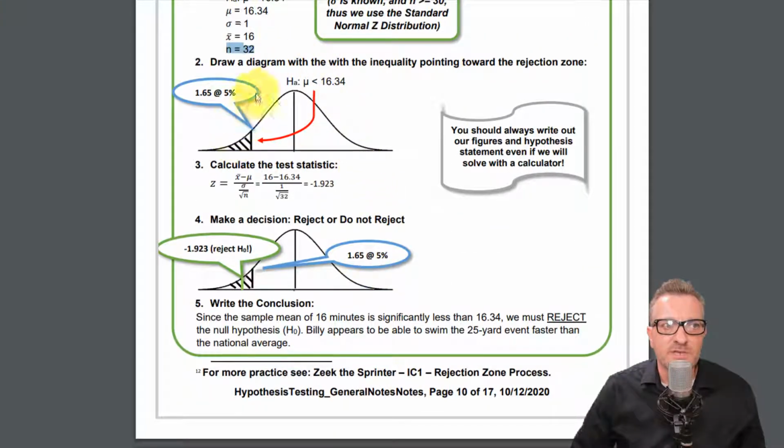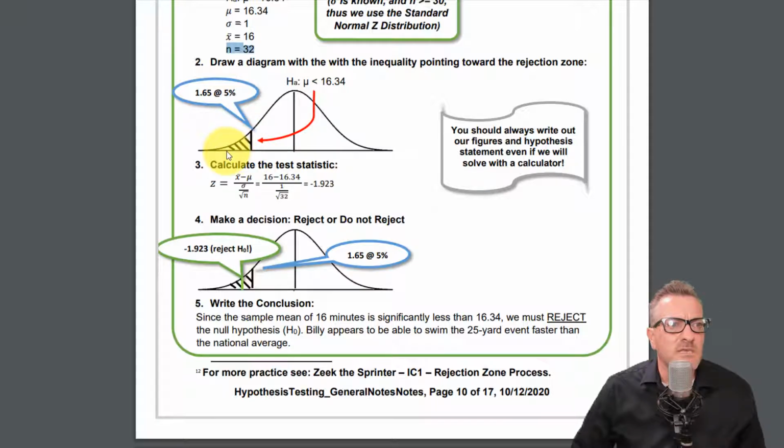So we draw our picture. Always draw our picture. And we take a look at the direction of the alternative hypothesis inequality. It's pointing to the left. So I know that we are going to put a line right here, and our rejection zone is going to be in the left.